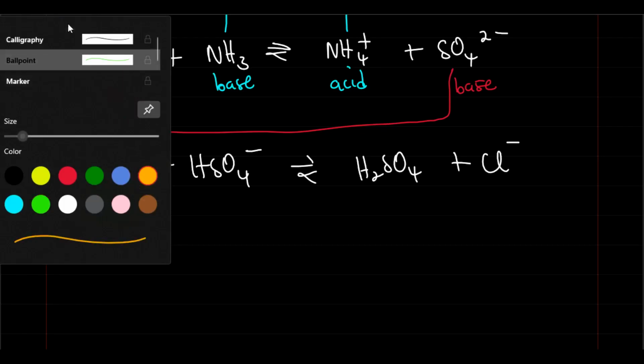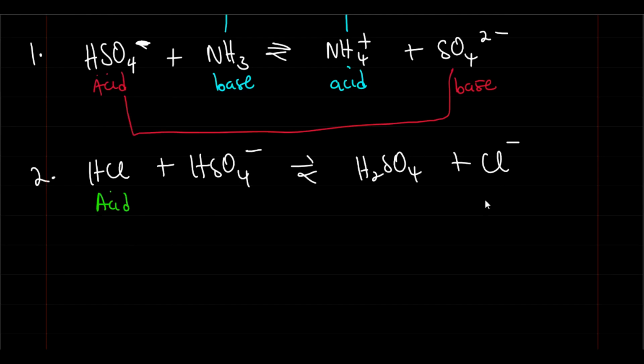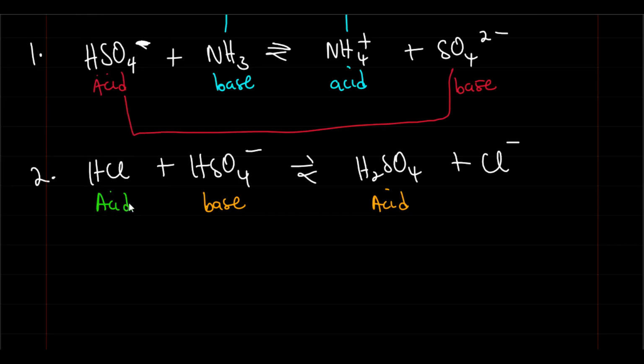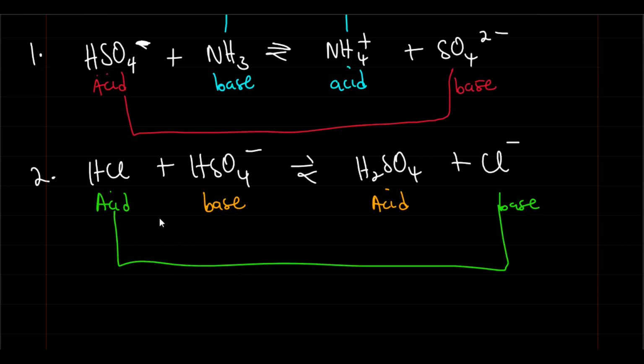Now if you look at this base, it has accepted a proton to form sulfuric acid. So we have now an acid, and what was an acid will now form a base. So green to green, orange to orange. Okay, this is a pair.